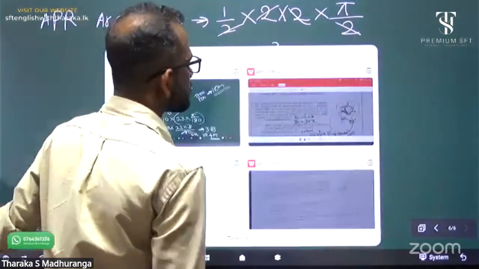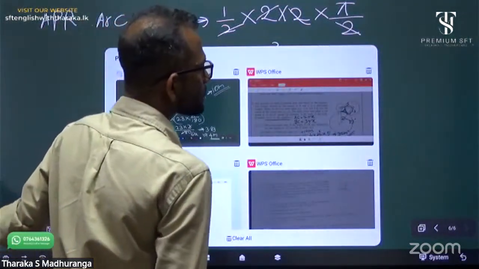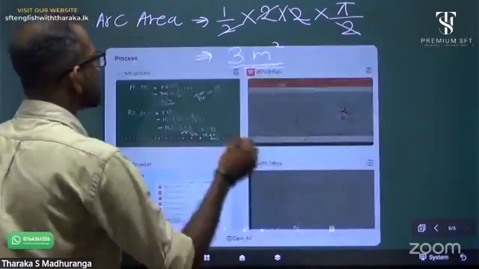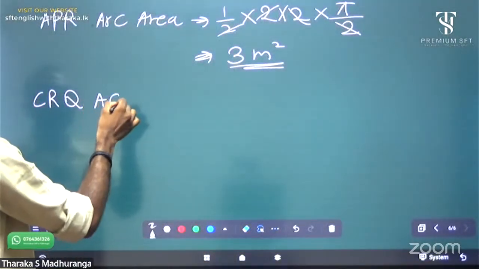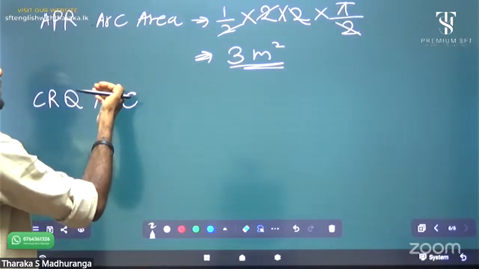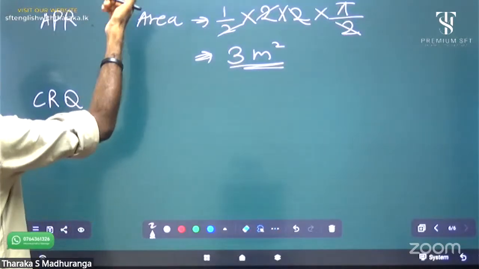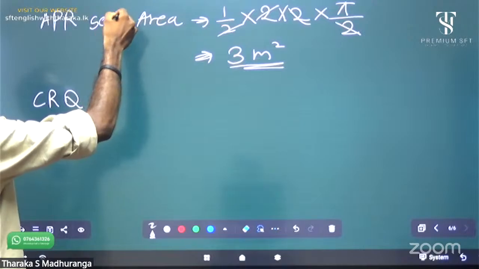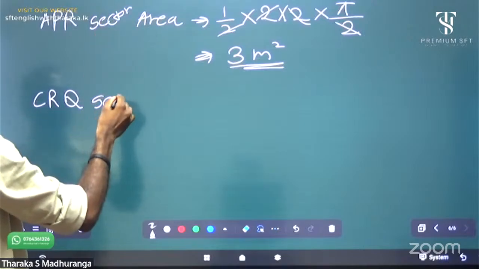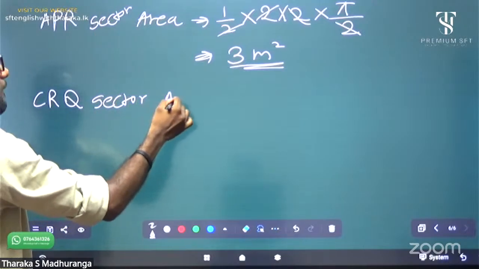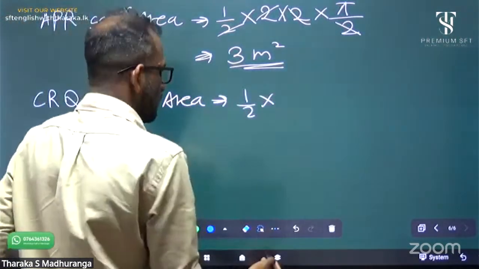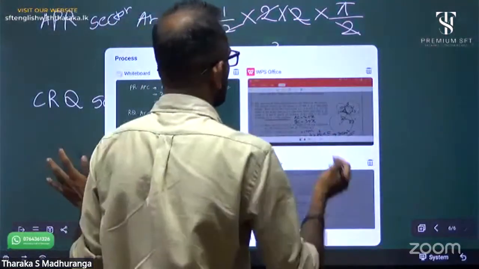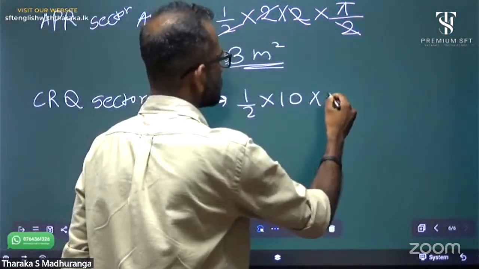Now CRQ. CRQ arc part, not arc length, sector area. Half into R squared, 10 squared, no? 100, 10 into 10.